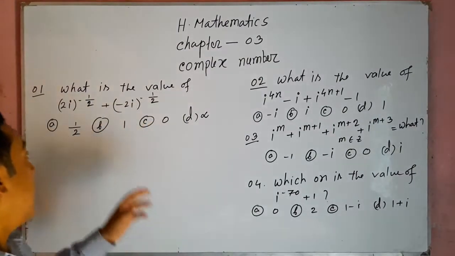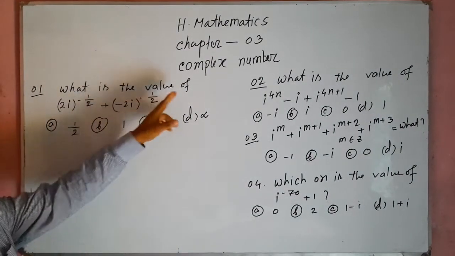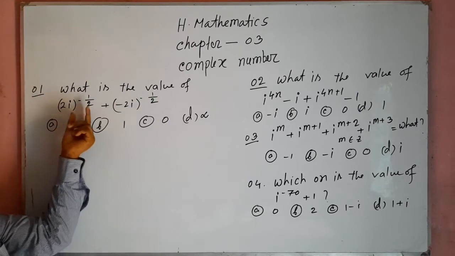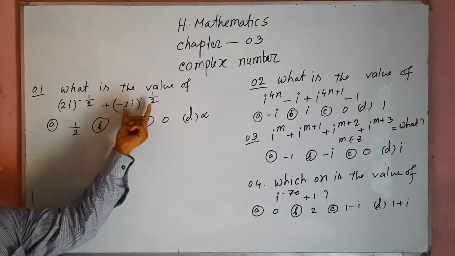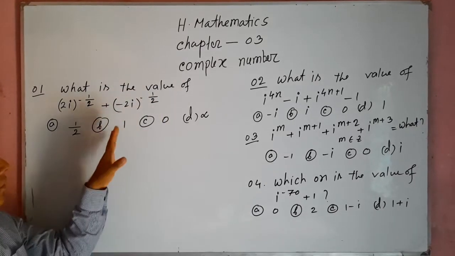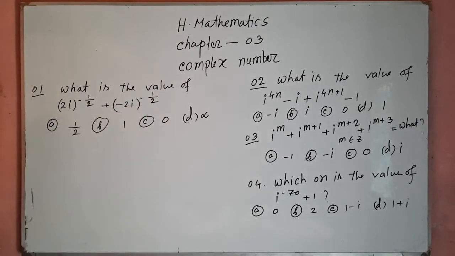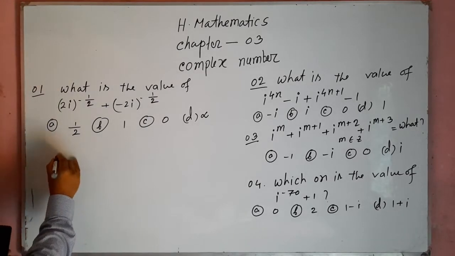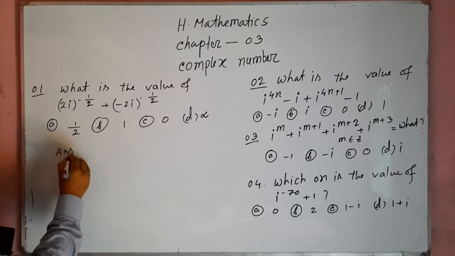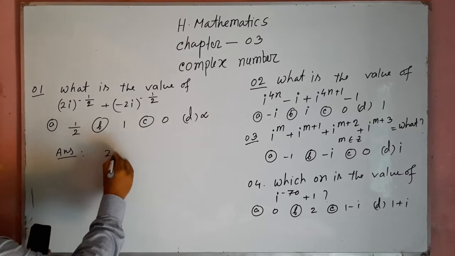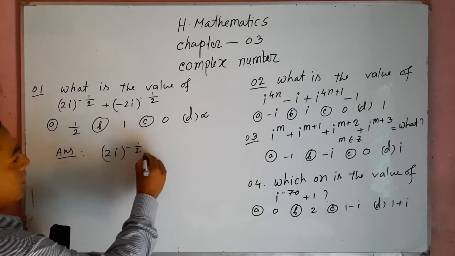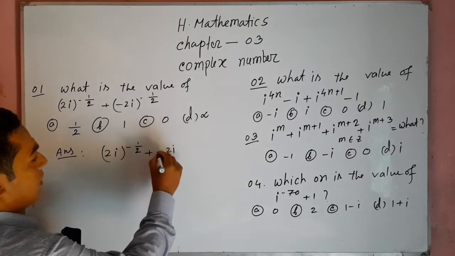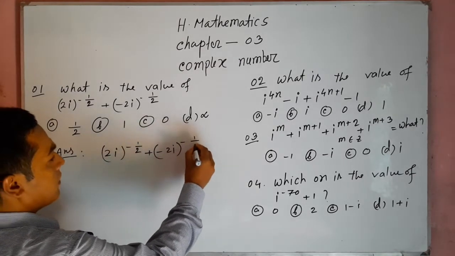First one: what is the value of (2i) to the power minus half plus (minus 2i) to the power minus half? How can we find this value? Okay, at first, (2i) to the power minus half and (minus 2i) to the power minus half.